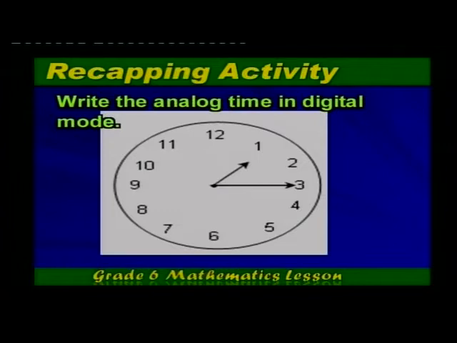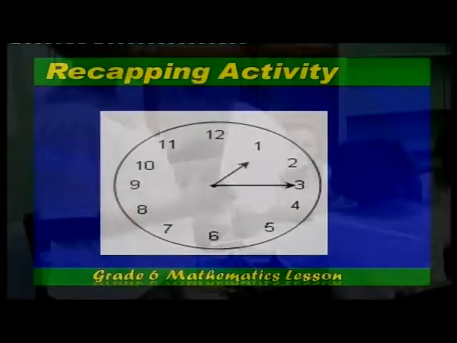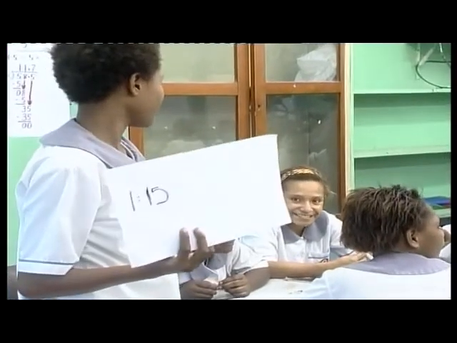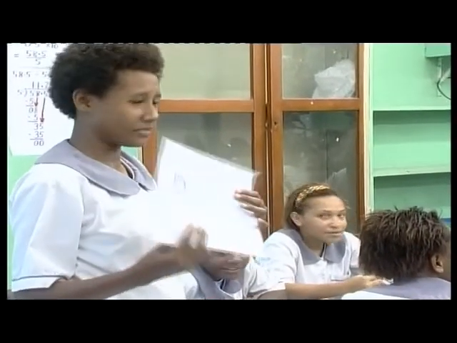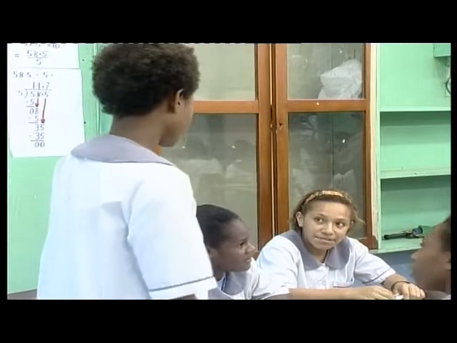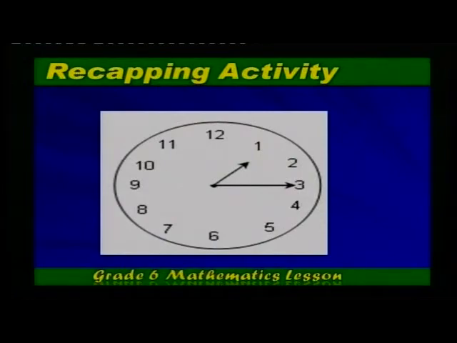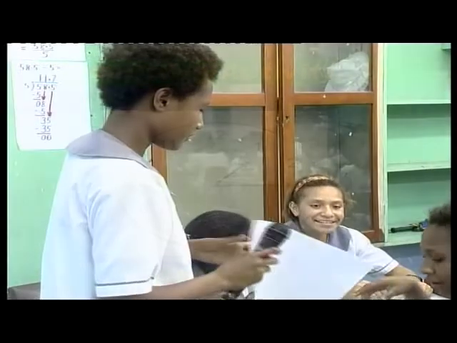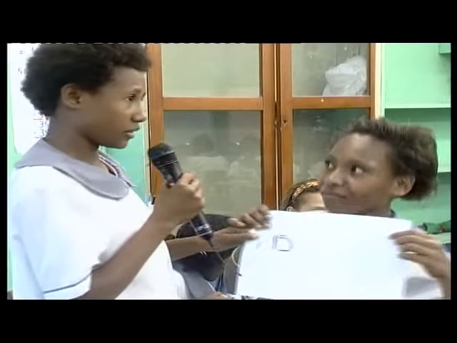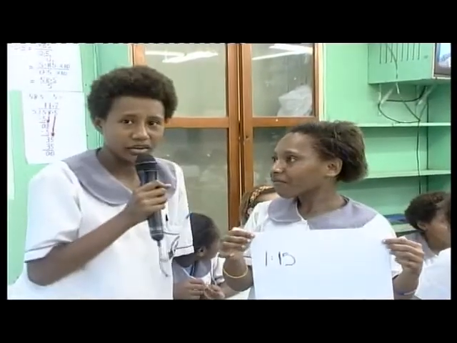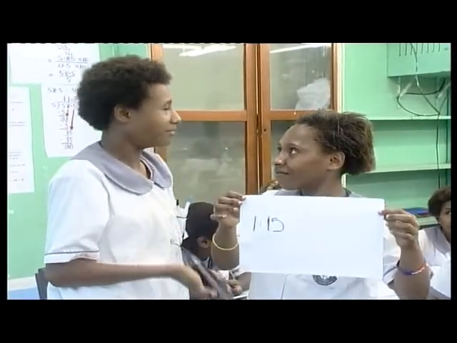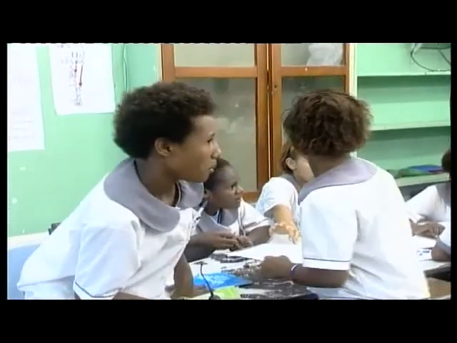Stand up, Helen. On the screen the time is given in analog. Can you read the time? What's the time that you wrote? Victoria, can you hold the paper? And 1:15. All right, yes, the time is 1:15.